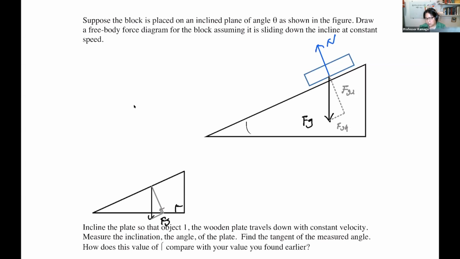So you see that this angle here is going to be the same as this angle. That's because this triangle here is perpendicular, but this is also perpendicular. So this angle plus the orange one has to be equal to 90 degrees.